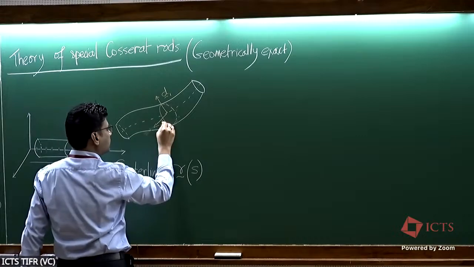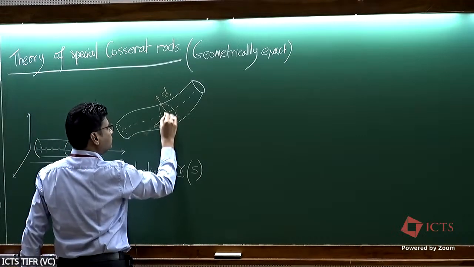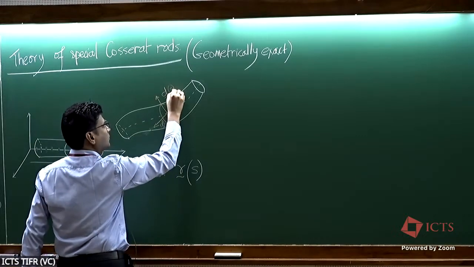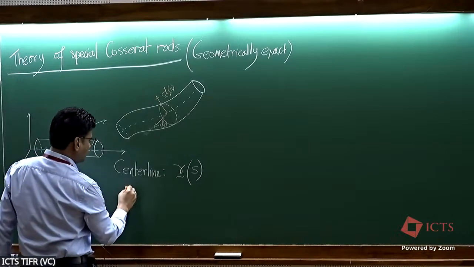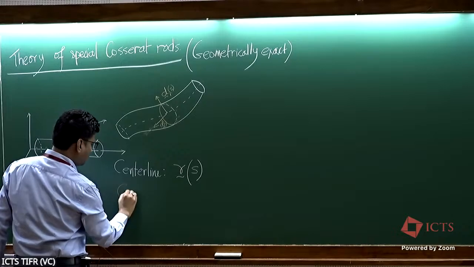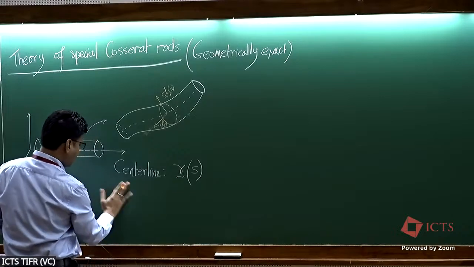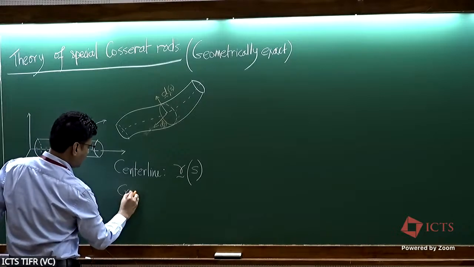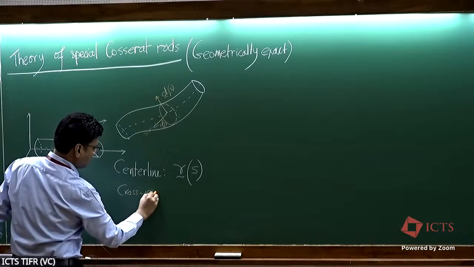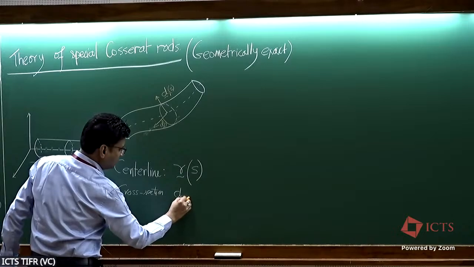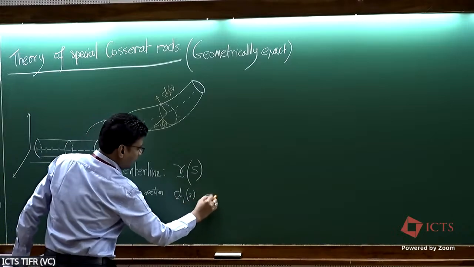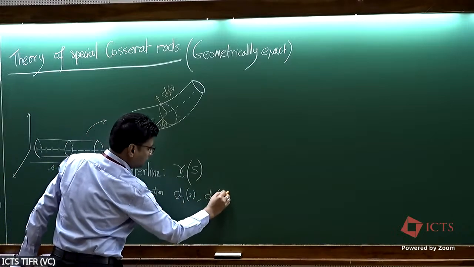Okay, they are called directors. They are also functions of s only. So for each cross-section, we have these directors, D1 and D2.